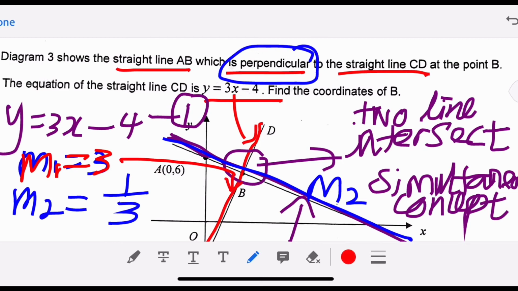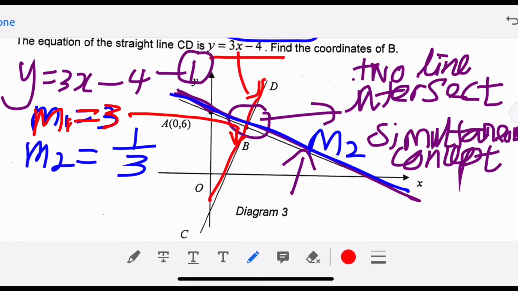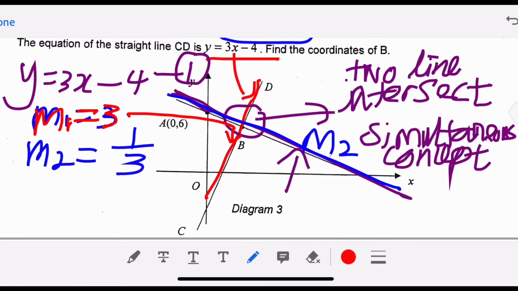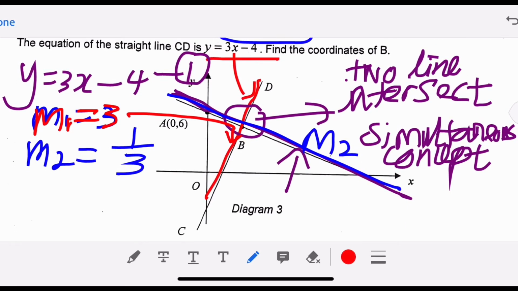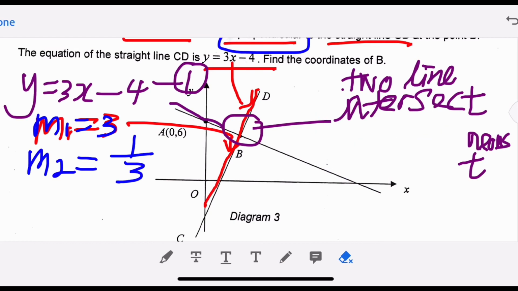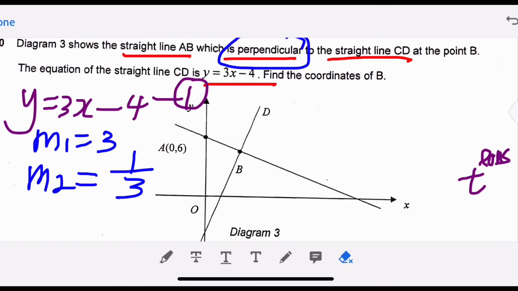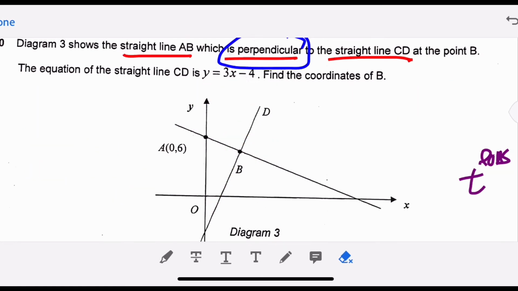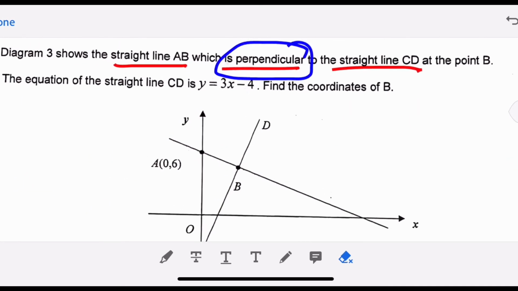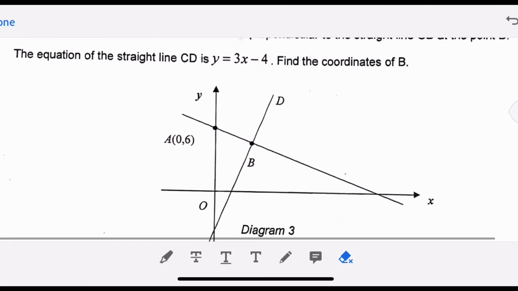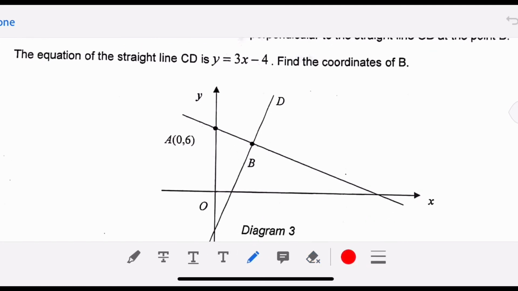So m2 will be negative 1 over 3 because m1 is 3 over 1, and when you multiply, you must get negative 1. You can also substitute into the m1 times m2 equals negative 1 formula and get m2, but you can write directly if you know how. Okay, now I explain again.